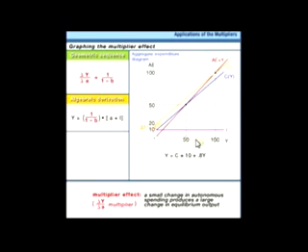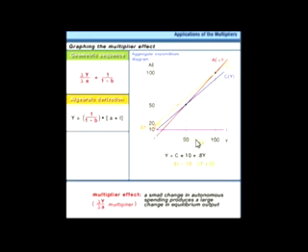Well, in this case, the multiplier is going to be 1 over 1 minus the marginal propensity to consume, which is 0.8. So the multiplier in this case, the change in output that results from a change in business spending, is equal to 1 over 1 minus 0.8. Well, 0.8 from 1 leaves 2 tenths. 2 tenths, 20%, is 1/5, and the reciprocal of 1/5 is equal to 5.